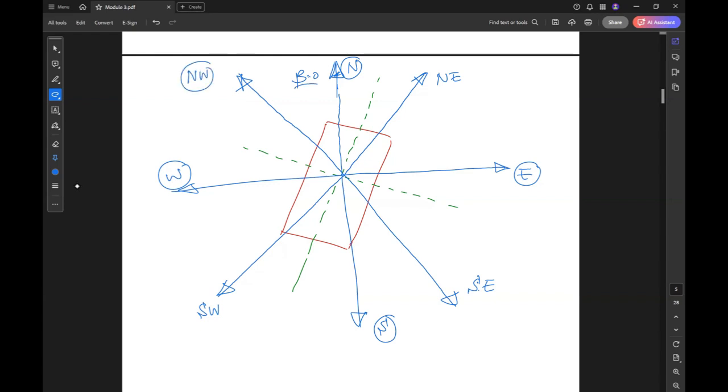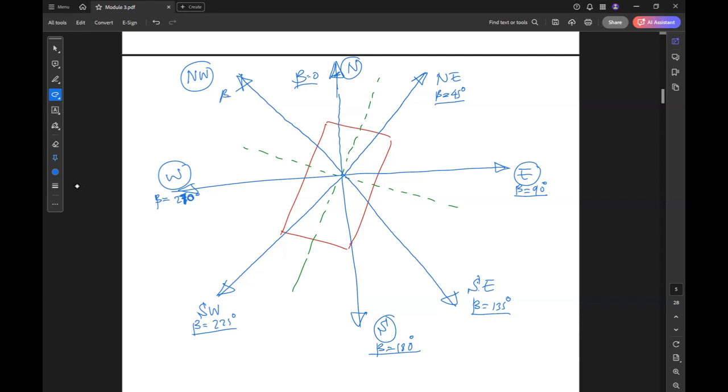So here beta 0, beta equal to 45, beta equal to 90, beta equal to 135, beta equal to 180, beta equal to 225, beta equal to 270, sorry.